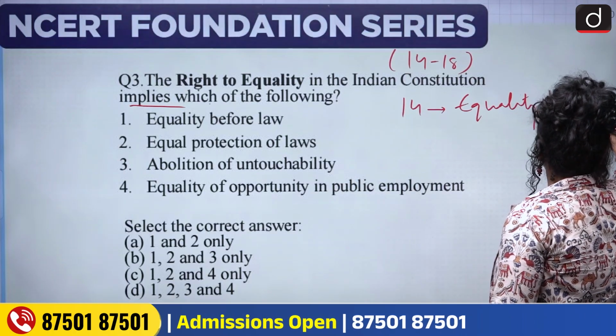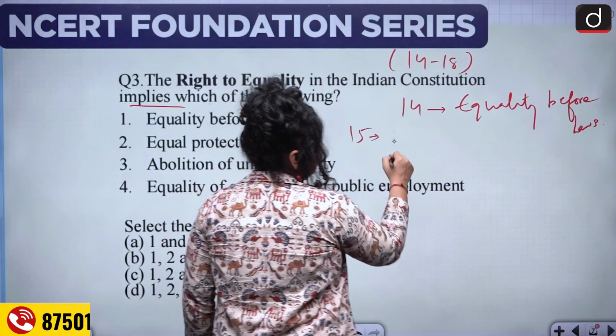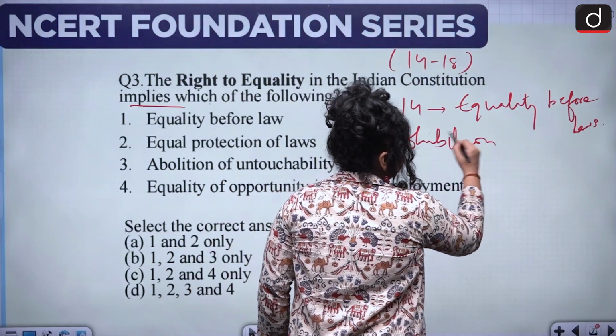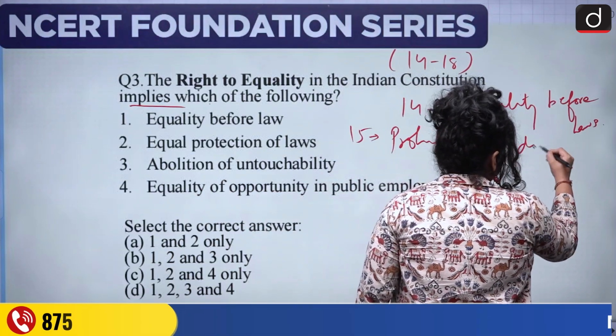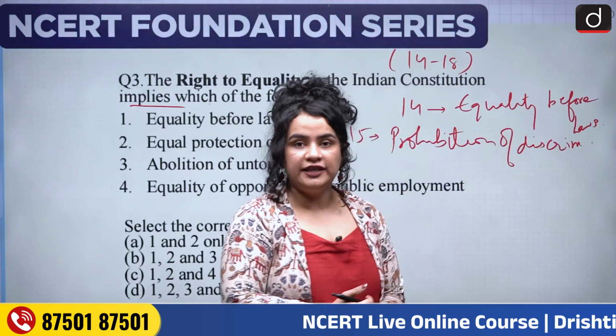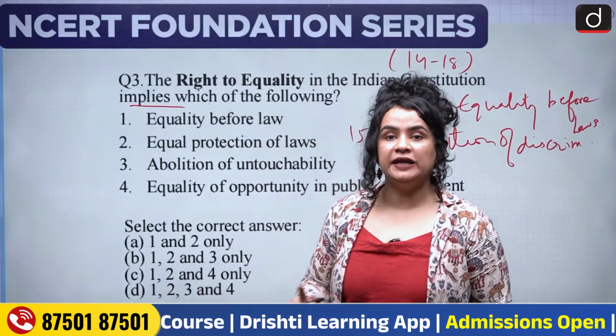All right. This is Article 14. Article 15 discusses prohibition of discrimination on the grounds only of religion, race, caste, sex or place of birth.